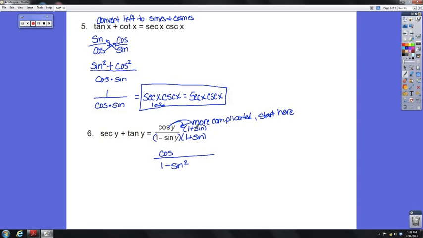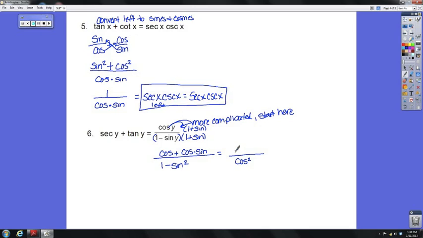And then cosine times sine will be cosine sine. Okay, so let's see if this can get us anywhere. So 1 minus sine squared in my denominator now is cosine squared. Okay, so that might be helpful.